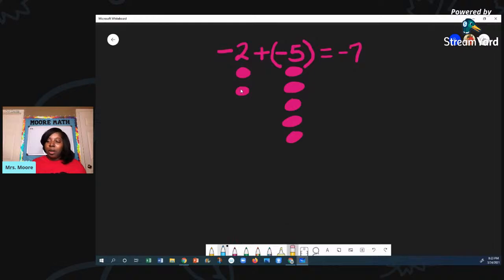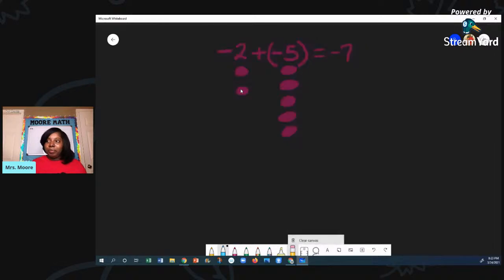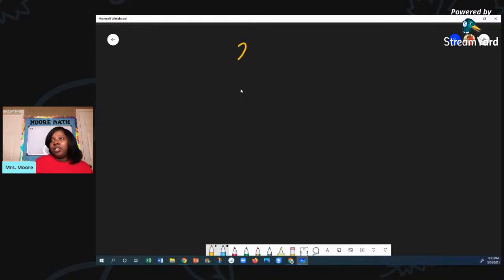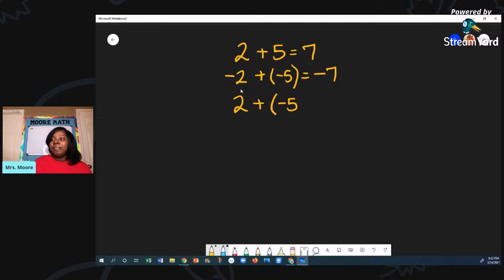All right, so let's see if there's a pattern. 2 plus 5 is 7. Negative 2 plus negative 5 is negative 7. 2 plus negative 5 is negative 3.